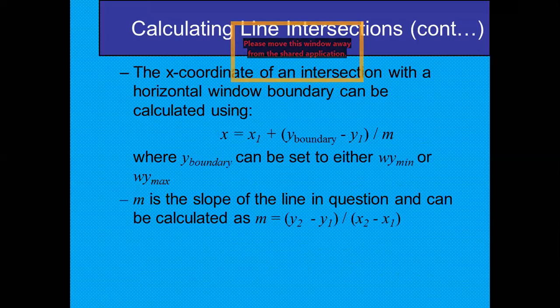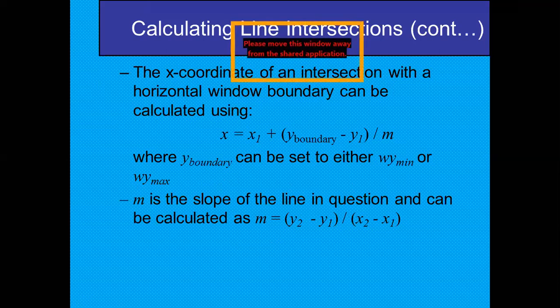For a line passing through the window edge, first we will calculate the intersection point. So these are the formulas, with the help of which you can calculate the intersection point.